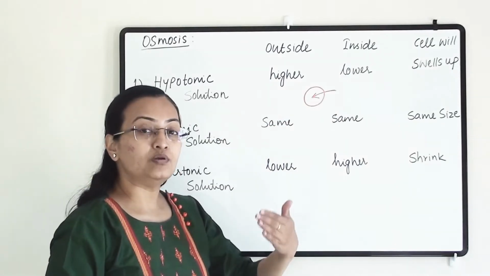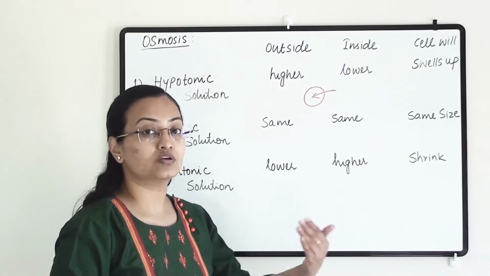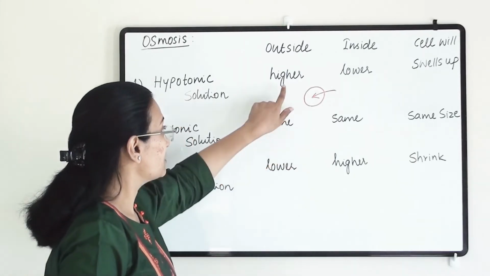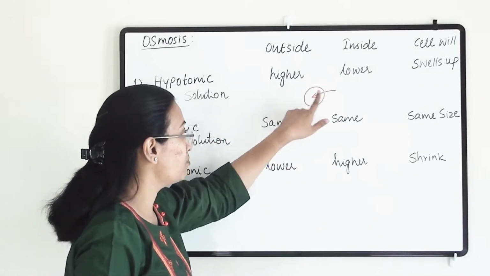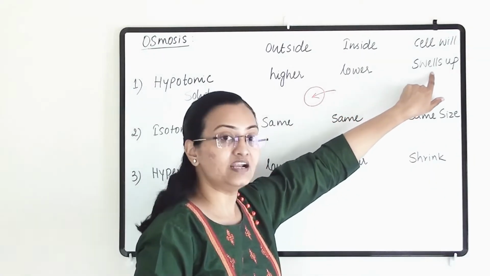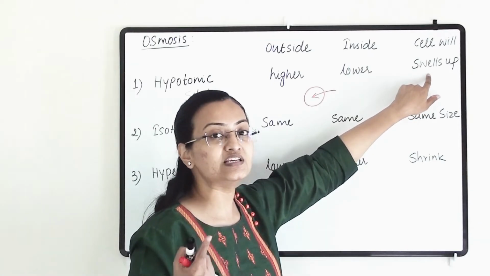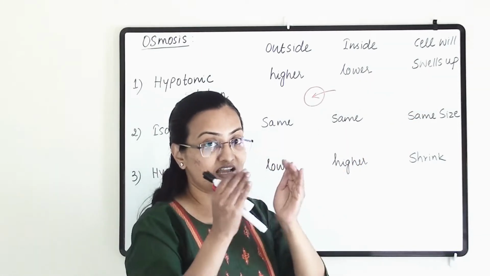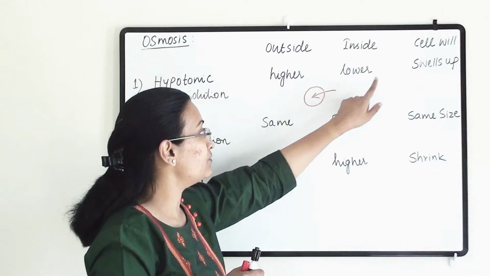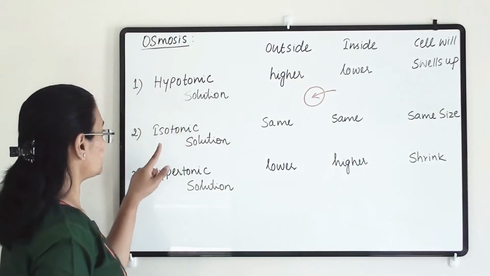Water movement happens on both sides, water goes out and comes in, but due to the concentration difference more and more water comes in. Because of that, the water level inside rises and the cell eventually swells up and its size becomes bigger. So the cell will swell up in a hypotonic solution.